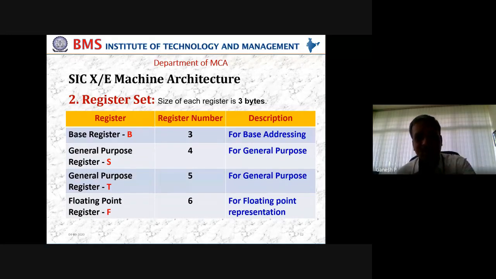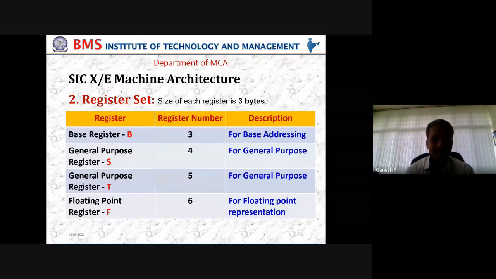In addition to that, you have to add these 4: base register, general purpose register, that is S, T, and floating point register F. There are 4 registers added in SIC XE in addition to A, X, L, PC, SW.